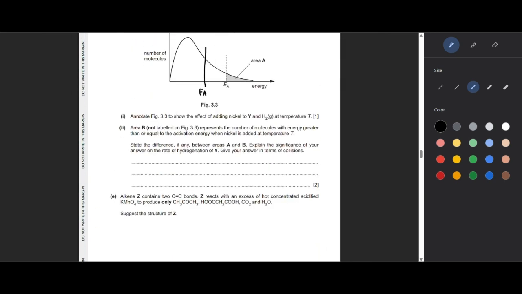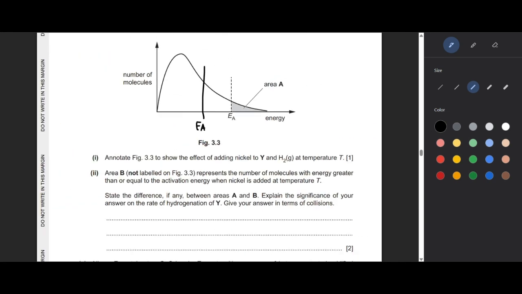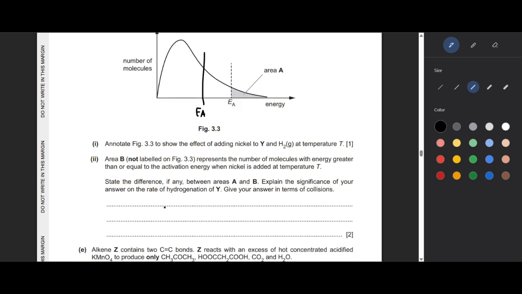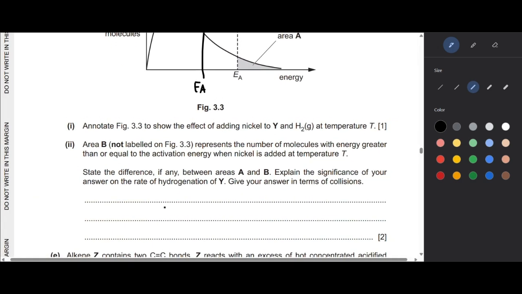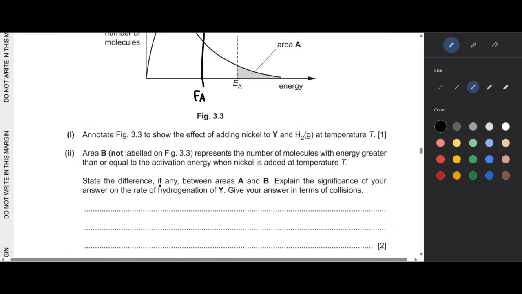The next: area B, not labelled in figure 3.3, represents the number of molecules with energy greater than or equal to the activation energy when nickel is added at temperature T. State the difference, if any, between areas A and B. Explain the significance of your answer on the rate of hydrogenation of Y. Give your answer in terms of collisions.